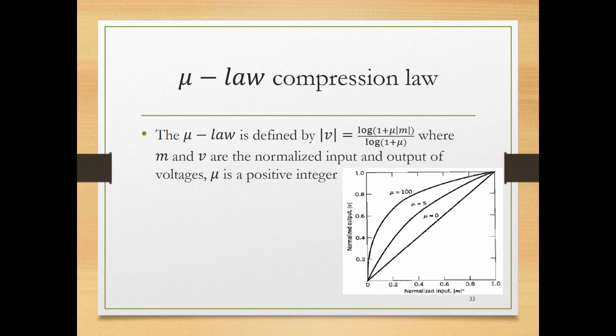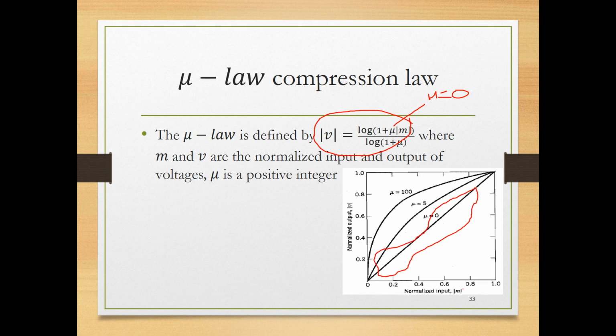So suppose you have the following: the x-axis here represents the message value, and the y-axis represents the quantized value. And this is the curve resulting from this equation. For example, when you put mu equal to 0 and you draw the figure, you get this line.